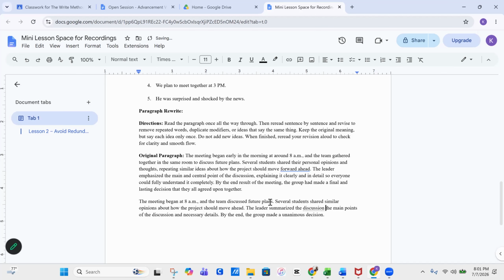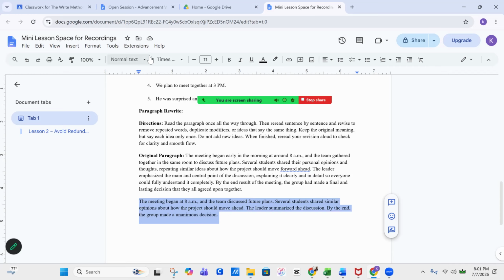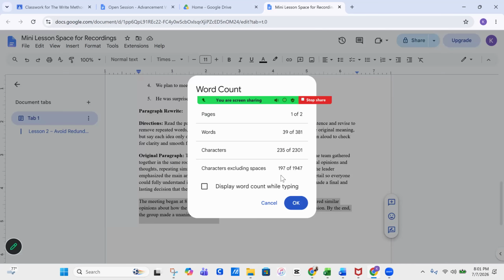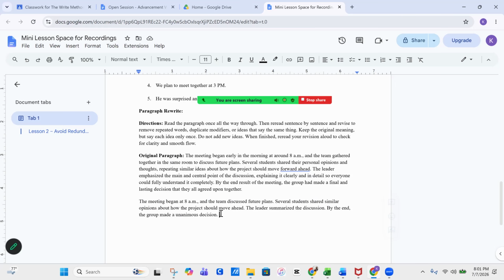Discussion. Look at that. None of this is really needed. Look at that. By the end, the group had made a unanimous decision. Wow. Okay, let's check this out. Word count. 39 words. Okay, guys. All right. So that's it.